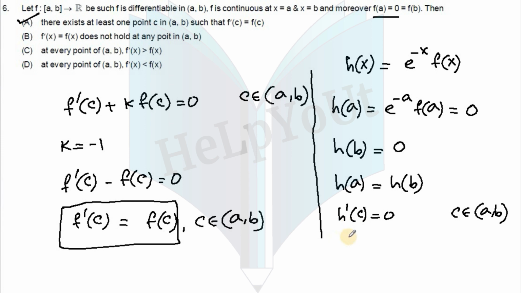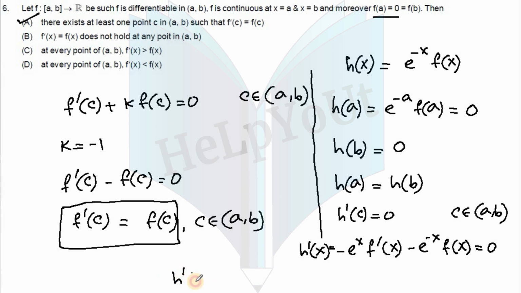And what is h dash c? H dash x is minus e to the power minus x times f(x) plus e to the power minus x times f dash x equals 0. This was h dash x. So h dash c will be e to the power minus c, sorry, here it had to be plus, my mistake.